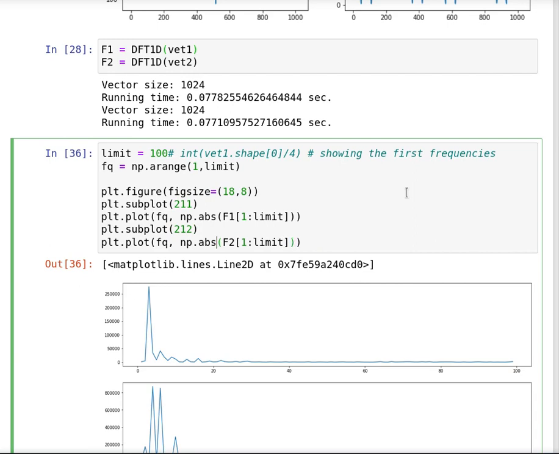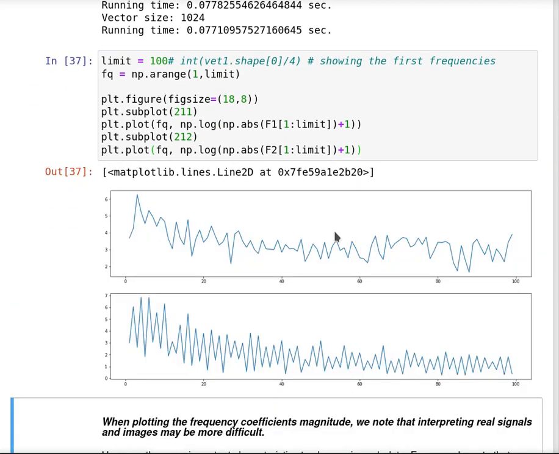The logarithm is also used a lot, so we can use the log to show it, because the logarithm is going to saturate the values.